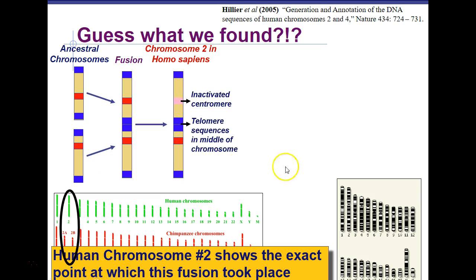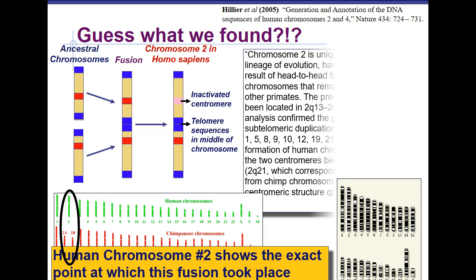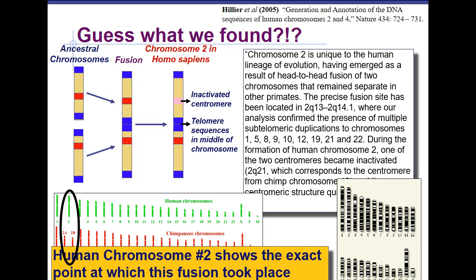So we knew what we had to find to back up our hypothesis. We found it. It was a successful test of the hypothesis. Chromosome 2, we can say, is now unique to the human lineage because unlike other great apes, it is the result of 2 separate chromosomes that became fused together in the past, giving humans 46 chromosomes, 23 pairs, not 24.